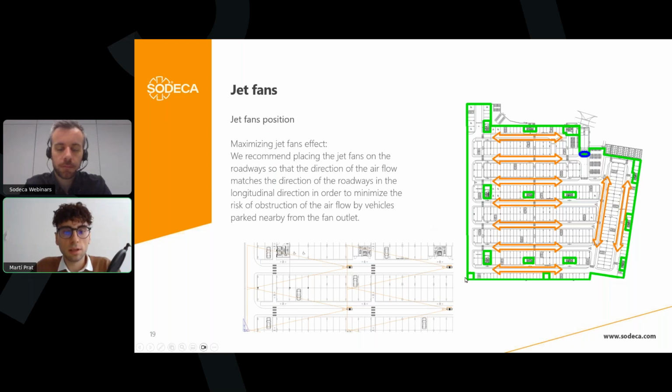So the idea would be this below, where we have the jet fan, we draw the cone, and when the cone ends, we place the next jet fan, so we have this flow continuity, and also the cones and the jet fans in parallel, the cones are in contact with each other, so we are sweeping the whole width of the car park.